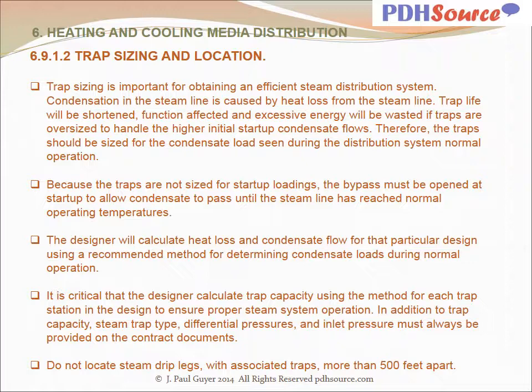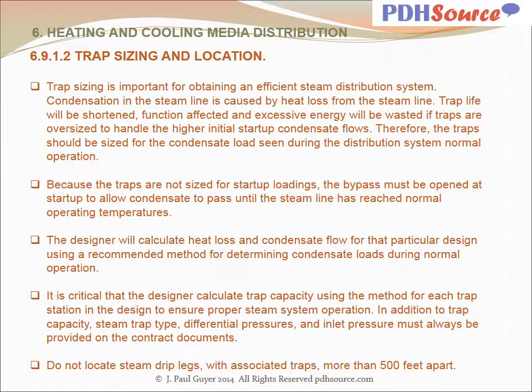Because the traps are not sized for startup loads, the bypass must be opened at startup to allow condensate to pass until the steam line has reached normal operating temperatures. The designer will calculate the heat loss and condensate flow for that particular design using a recommended method for determining condensate loads during normal operation.